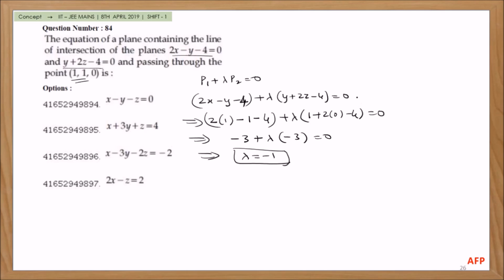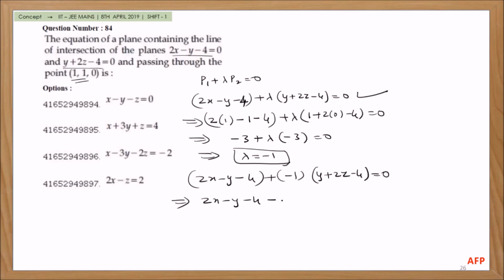Substituting in this equation, 2x minus y plus 4 plus minus 1 into (y minus 2z minus 4) is equal to 0. 2x minus y minus 4 minus y plus 2z plus 4 is equal to 0.